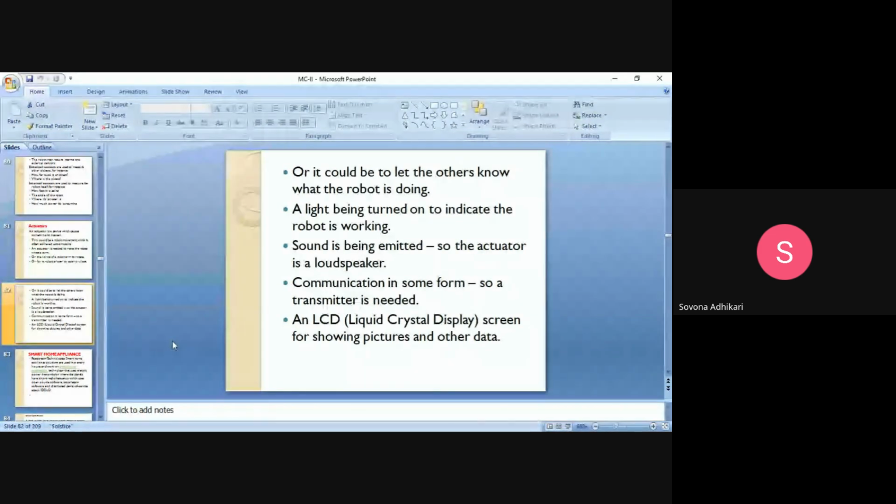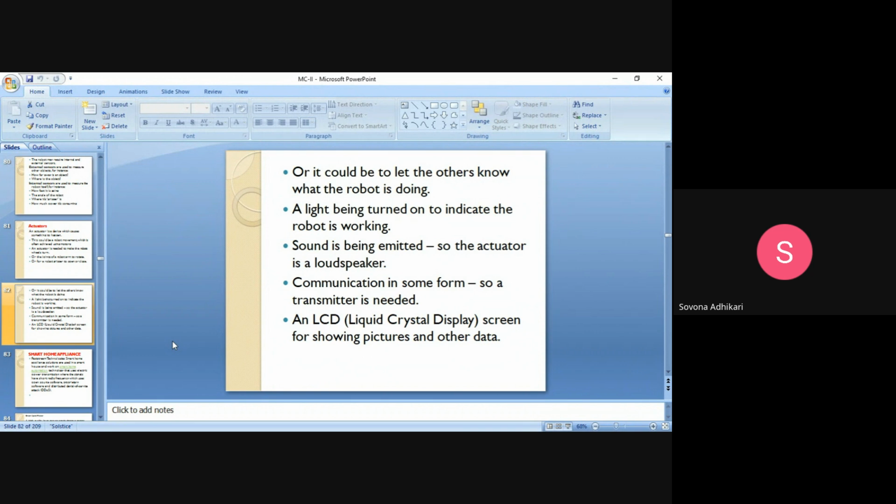Or it can let others know what the robot is doing, such as a light being turned on to indicate the robot is working. If the light is on, others can know that the robot is working. Sometimes the actuator will be a loudspeaker so that sound is emitted and you can listen to the sounds.